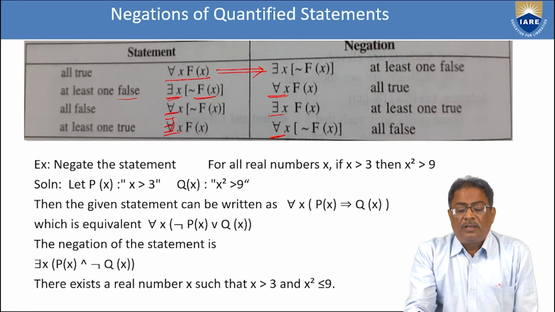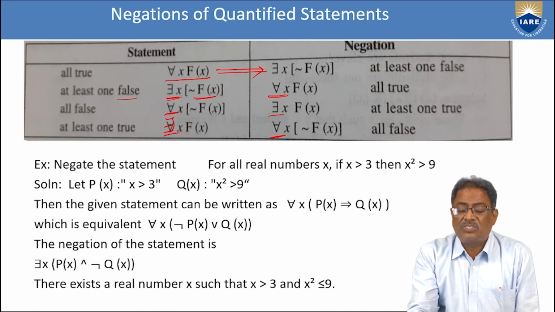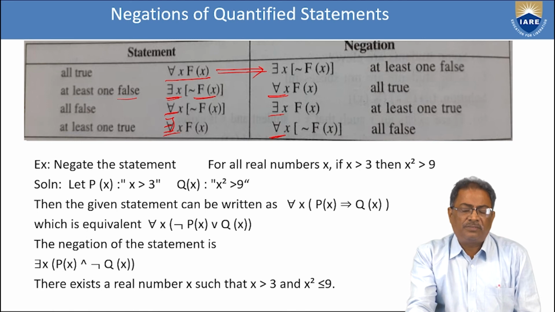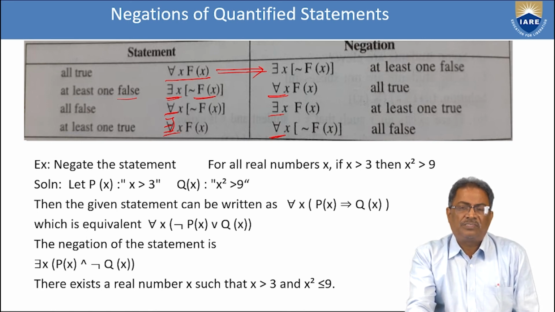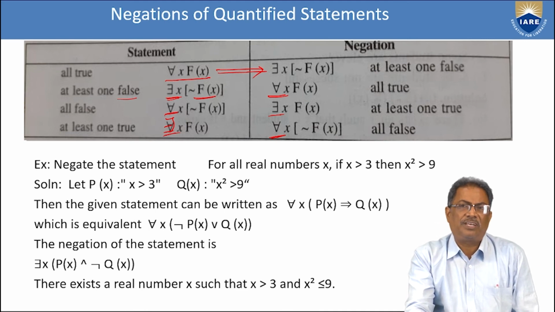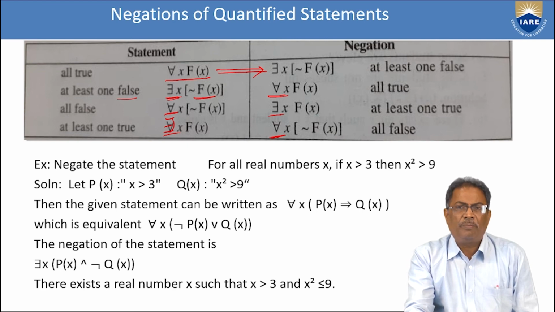Now, negate the statement. We are going to consider one statement and convert it into symbolic form, and afterwards apply the negation, and after that once again convert it into a sentence form. So whenever a negation of a statement is asked, first of all you have to write it in symbolic form.